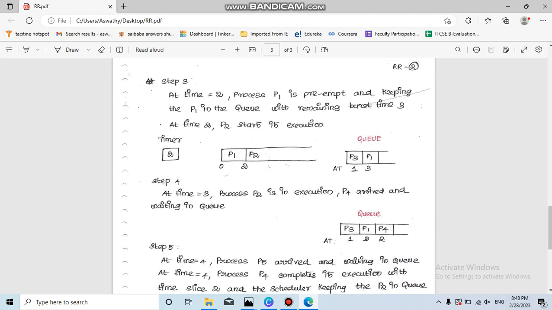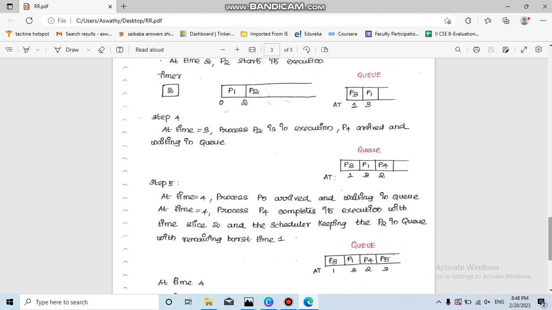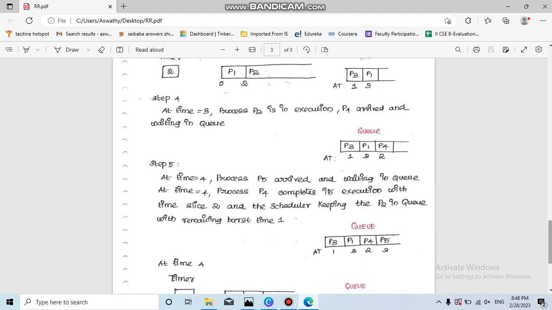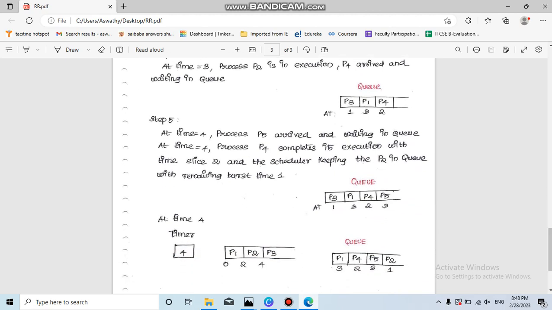At time 3, the process P2 is in execution. At time 3, P4 arrives and waits inside the queue. At time 4, process P5 arrives and waits inside the queue at the back of P4. At time 4, P2 has not completed its execution because P2 holds burst time 3.